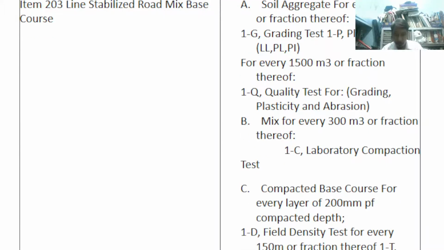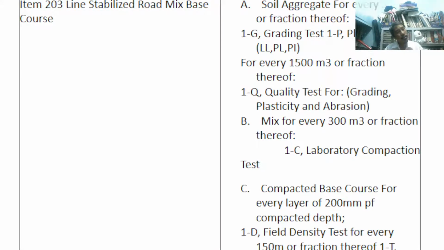Okay? And that is, again, last test is 1D, meaning FDT for every 150 meters length or fraction thereof. Okay? Another test is 1-T test. Okay? Thickness determination for every 150 meters or fraction thereof.